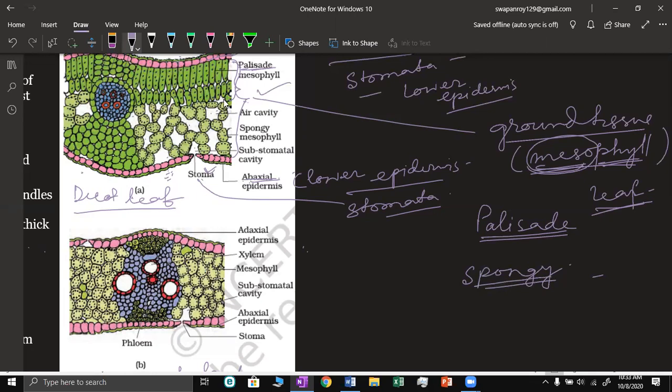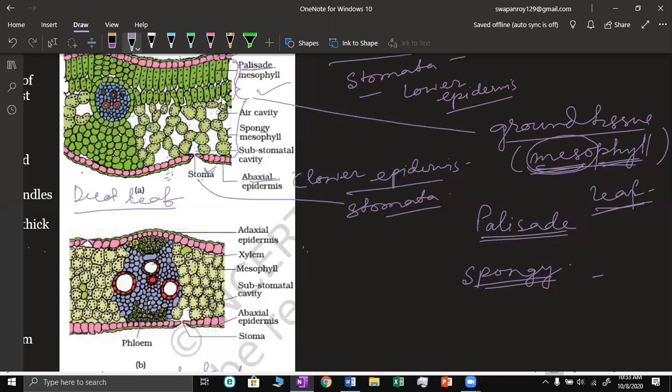All these mesophyll cells contain a very large quantity of chloroplasts containing chlorophyll. The cells are packed just below the upper epidermis because they get more sunlight on the upper surface, and so for photosynthesis they have to trap the light energy.